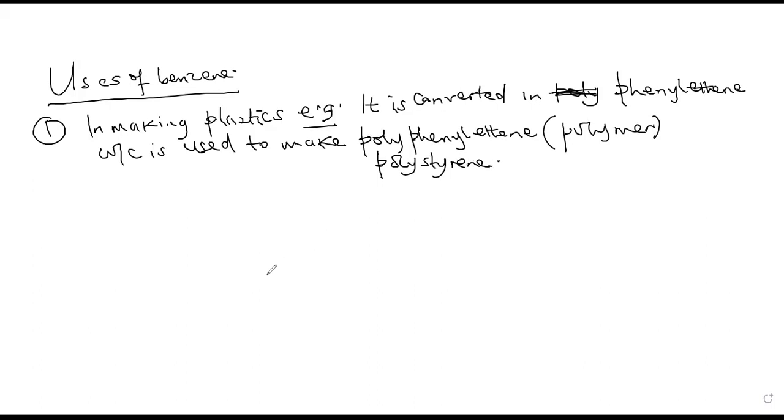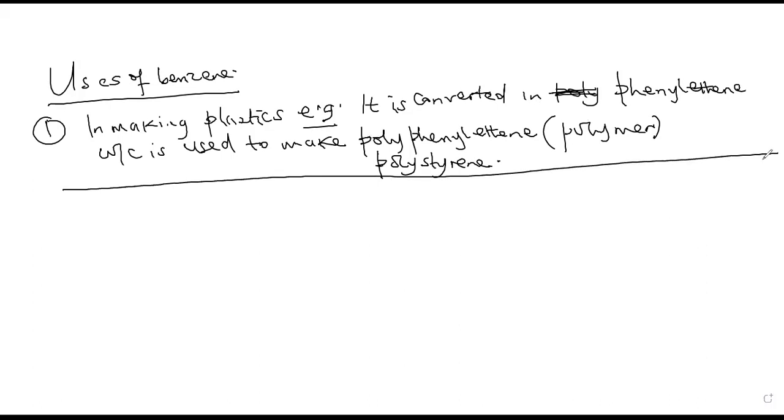Now, I want to show you how we use benzene to form polystyrene. Since this is a polymer of ethene, because we've seen that it is polyphenyl ethene, how do we form it? We need to first form phenyl ethene. And to form phenyl ethene, this one being an alkene, alkenes are obtained from alcohols.